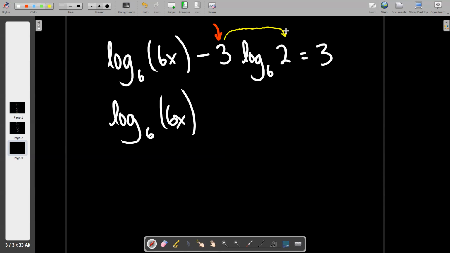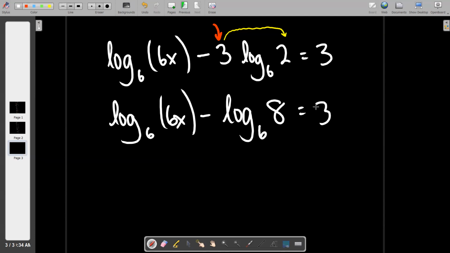put him right there. That's what happens with logs, you can shoot things up to powers and back down, up and down, whatever suits your occasion. So I'm going to rewrite this now as minus log base 6 of 8, because that's 2 to the 3rd.